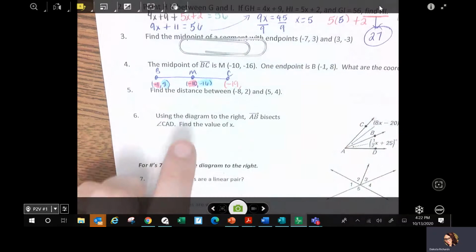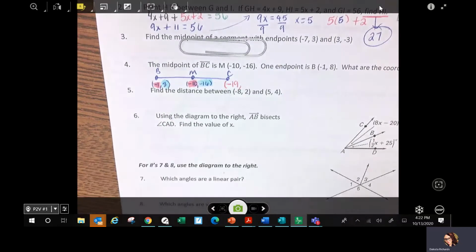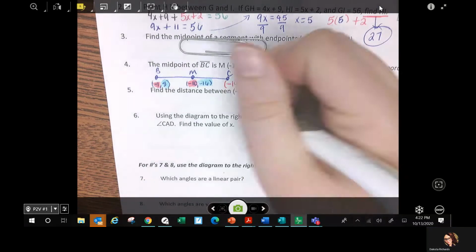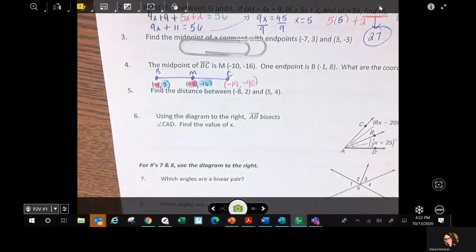Okay, so negative 16 minus 24 should give you negative 40. Okay. The key to those is you have to count. And what you do on one side, you have to do the opposite on the other side.